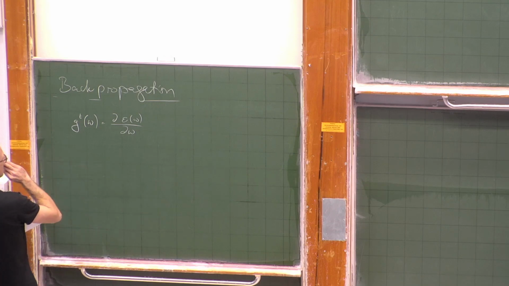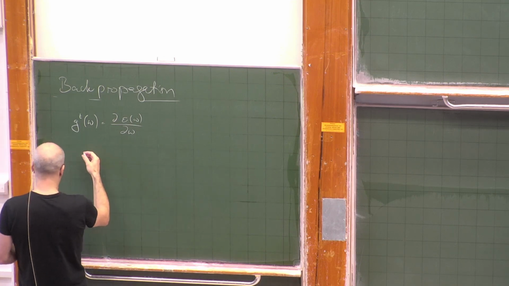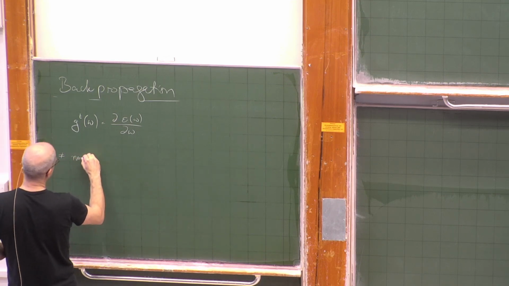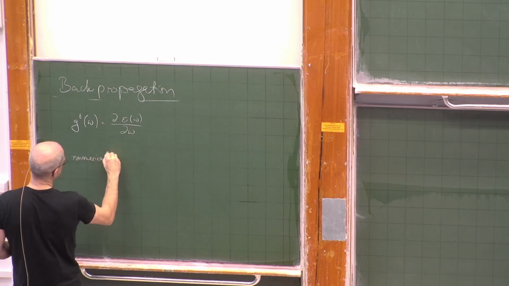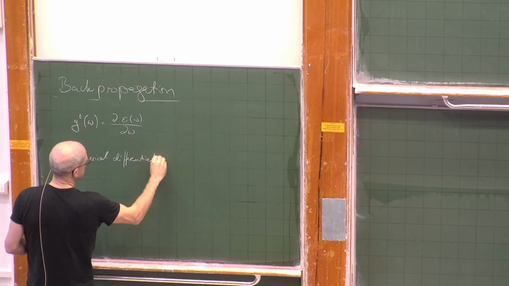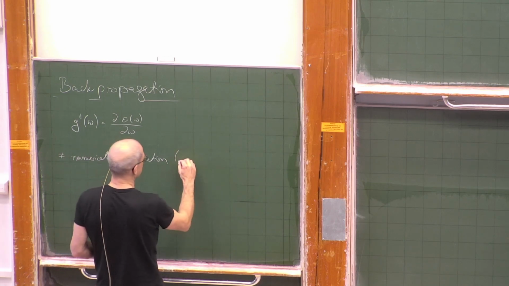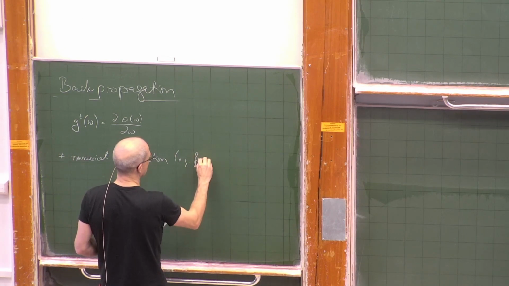So what backpropagation is not: it is not numerical differentiation. Numerical differentiation would be to use, for example, finite differences.